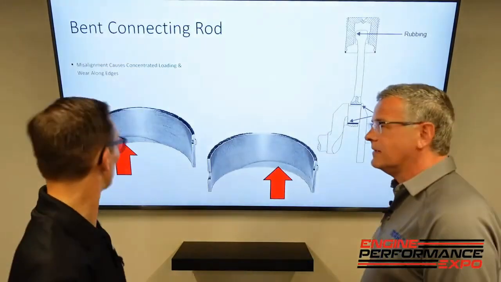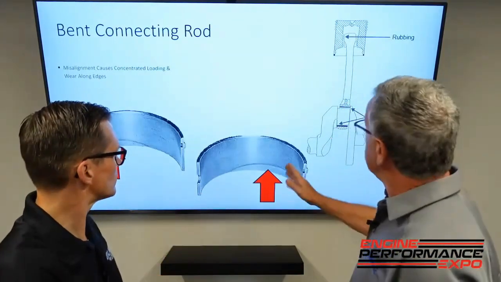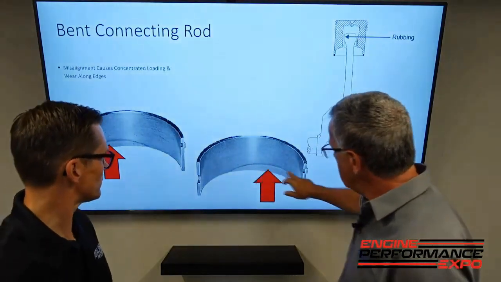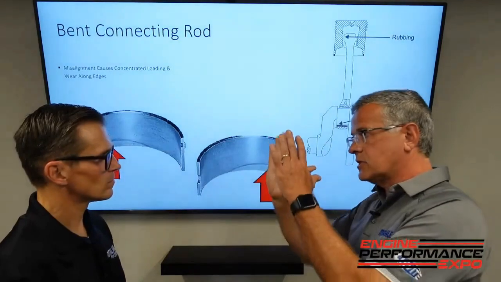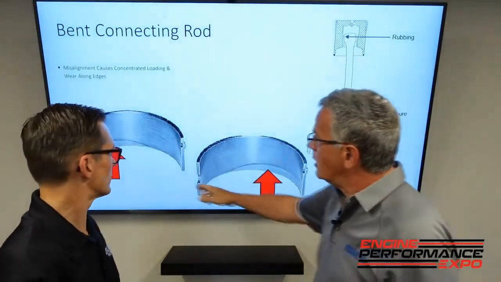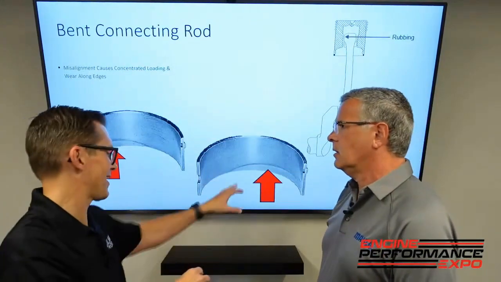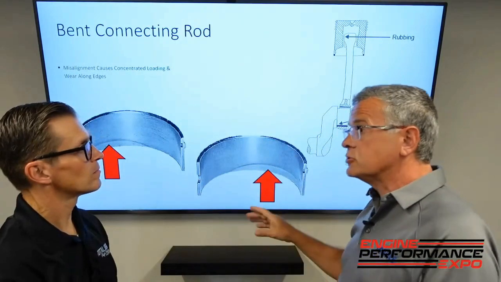It is. Yeah. So, bent connecting rod. Bent connecting rod is when the connecting rod's bent, and you can usually see more of an elliptical wear pattern where as it's coming down, it's loading this way. Could be similar to the crankshaft flex, but not the same. Correct, and specifically crankshaft flex is going to show up on a main bearing.